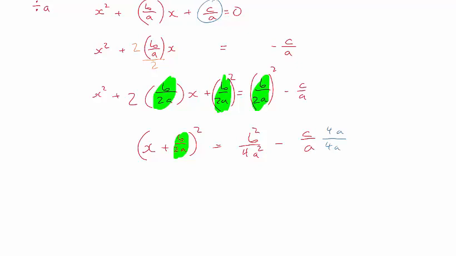Okay, so let's work this a little bit more. We've got b squared minus 4ac all divided by 4a squared. Okay. If you don't quite see that arithmetic, hit the pause button, go through the steps, make sure it makes sense.